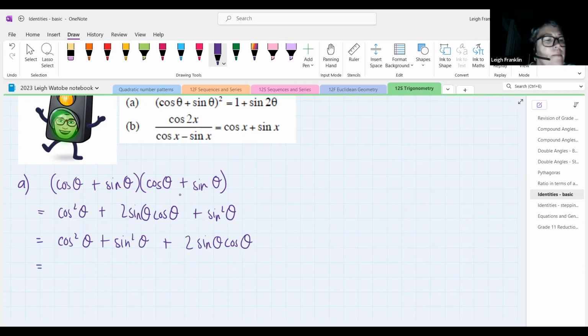And then I recognize the first one as the identity that we learned in grade 11, the one that equals 1. And then the last one is the identity that we learned in grade 12, which is sine 2 theta, which equals the left-hand side. Thank you. It certainly does. Very, very well explained. Okay, Asanele, brilliant. Good job. Thank you so much for your answer.